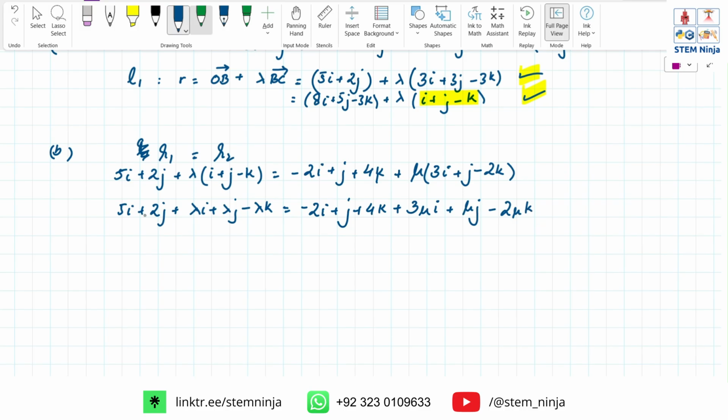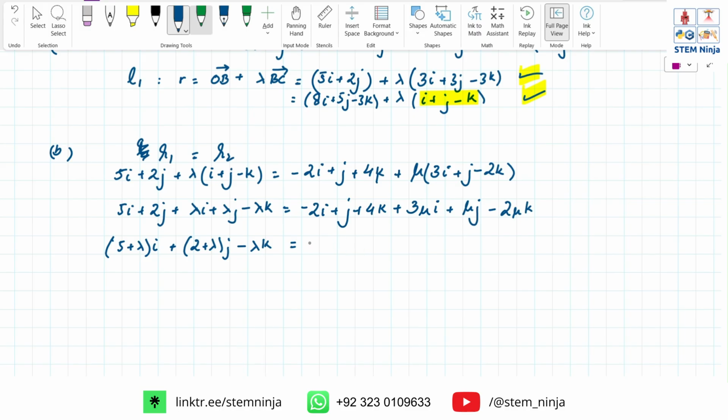Now we need to separate them into i, j, and k components. So the i component is 5 plus lambda. For the j component, it will be 2 plus lambda. And the k component is minus lambda.